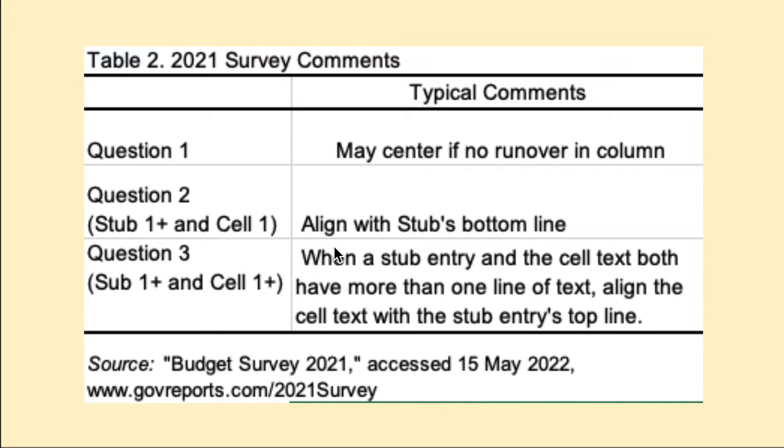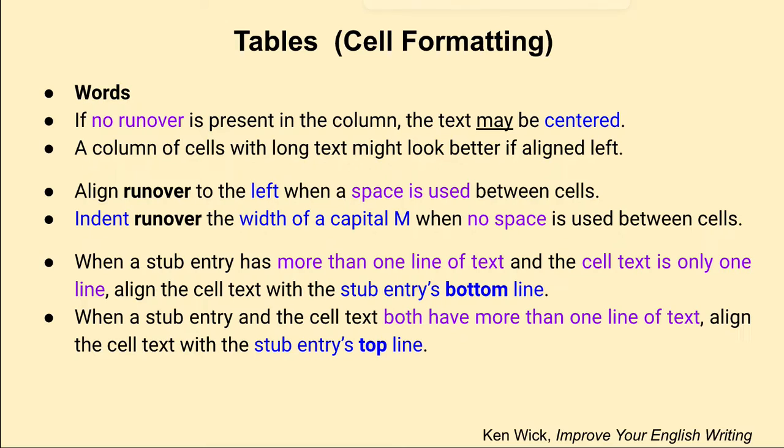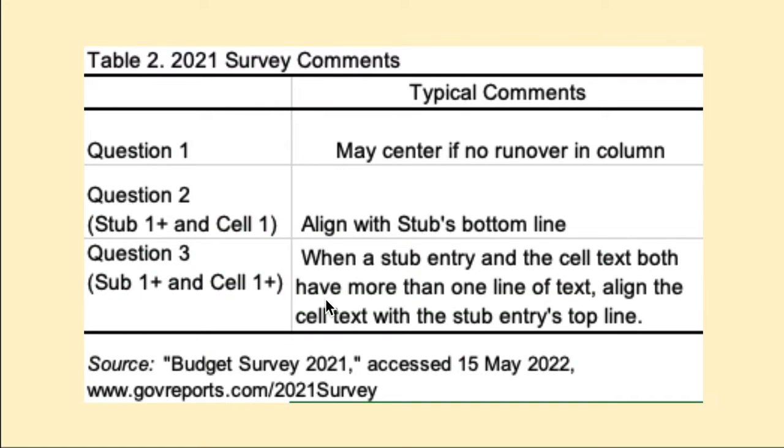But you align it with the top. Hopefully that makes sense. If not, go back and reread these rules and come back to this table here. It has a description of what to do in the different situations. But remember, you need to have a consistent format, not mix and match.